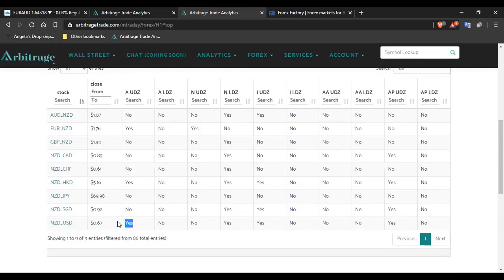NZDUSD, we have it at the upper danger zone, and EURNZD, we have it at the upper danger zone. But on the 5-minute, we didn't get any of those, but I'll still look at them. All right, so that is it for the filters.